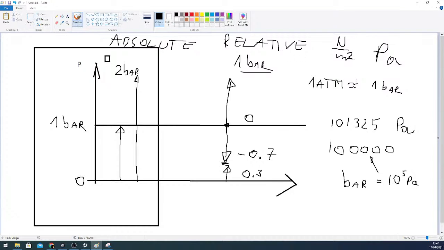Newton of force over square meter. So when it's Newton over square meter, the calculation would be force over area. So the calculation for pressure is P, pressure, equals force over the area, or force divided by the area. Newtons divided by square meters. That's the main unit of pressure.